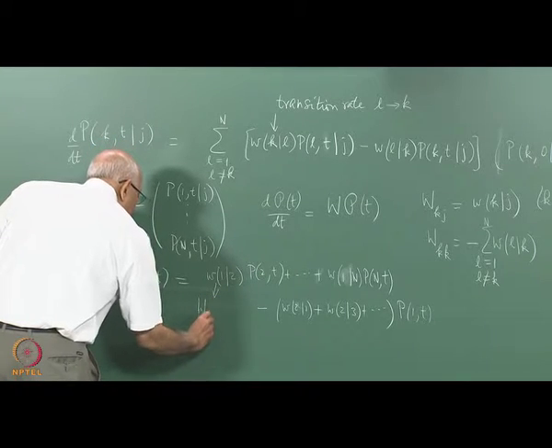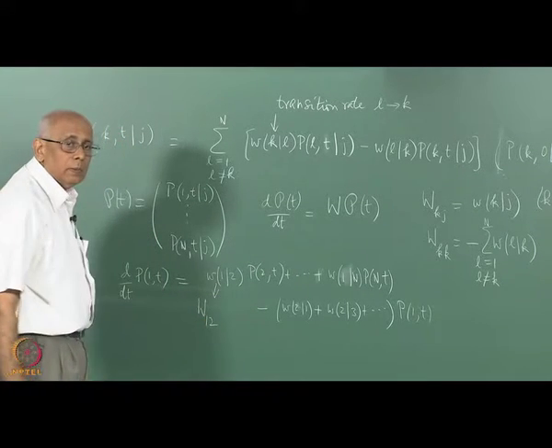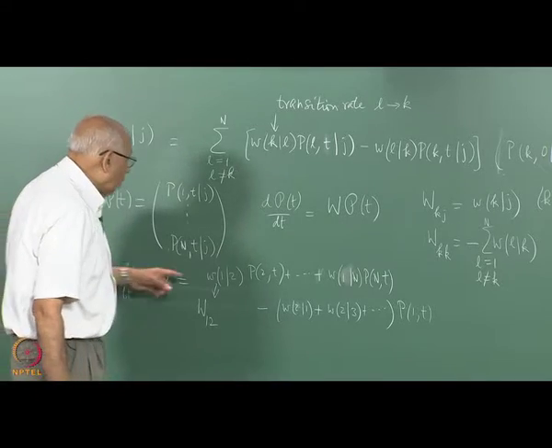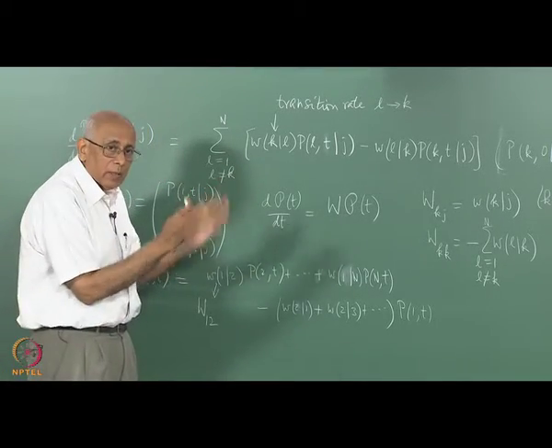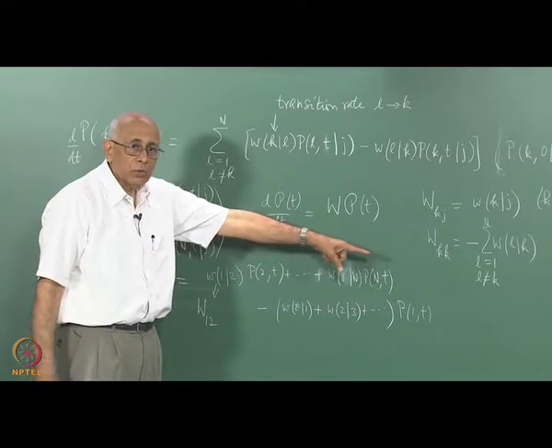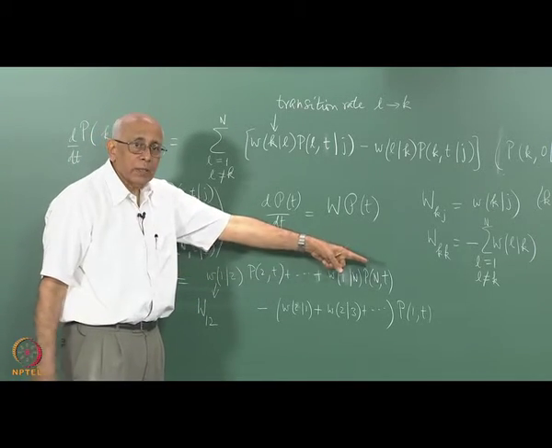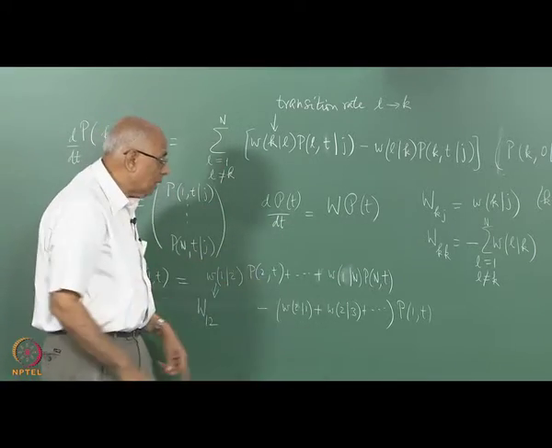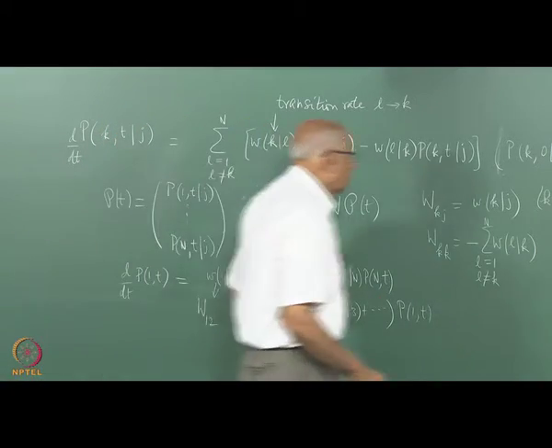And this is what I call W 11, capital W. So it is clear that all the off diagonal elements of this big matrix W are precisely W 12, W 23 and so on and so forth, multiplying the P2, P3 etc. column vector. And what multiplies P1? After all, what does this equation imply?